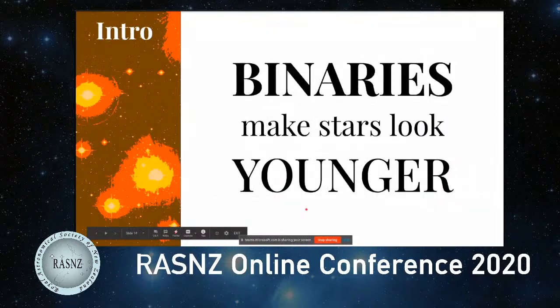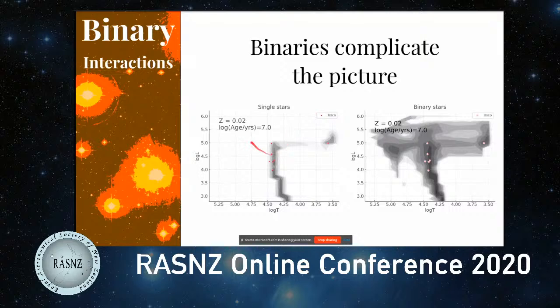But the long story short is that binaries make stars look much younger. And we can see this very clearly in this plot. For example, if you were looking at a cluster and you saw a star in this location, you could explain it with the binary model because, you know, we've got a pretty dark shade here, but it doesn't happen in the single star model.